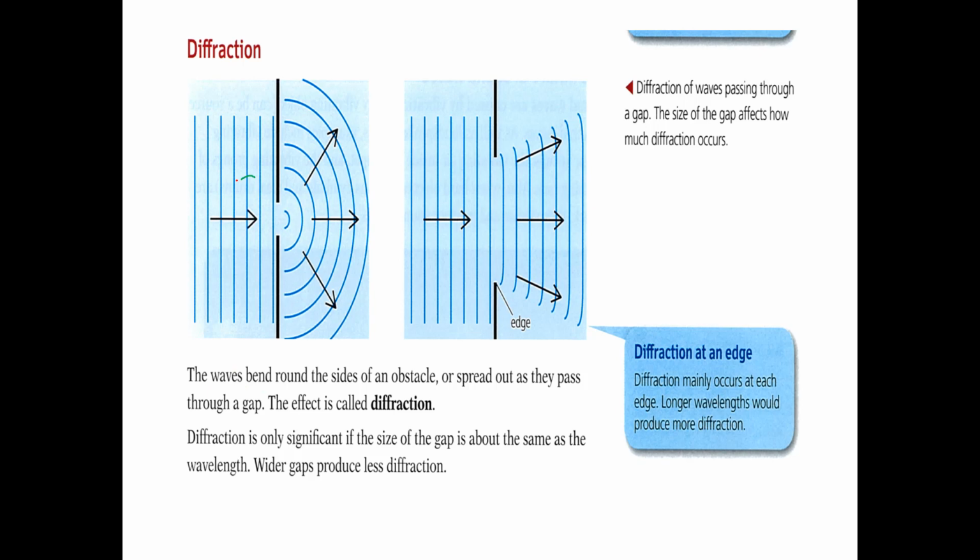Here is the wave, here is the wave, and also here is the wave. The difference between this one and this one is what? It's the same wave, but as you can see, a change happened to the waves. Why? Because the waves bend round the sides of an obstacle or spread out as they pass through a gap. This effect is called diffraction.